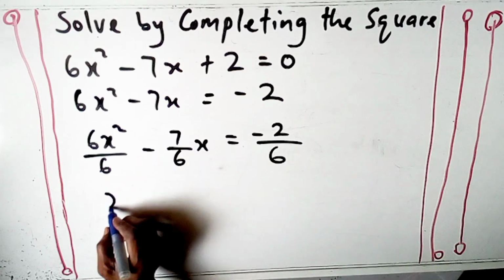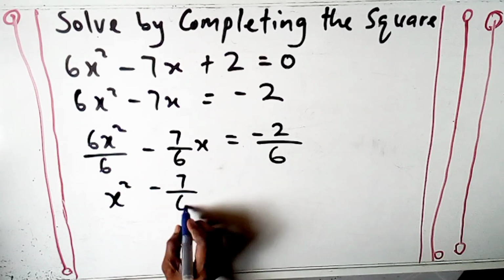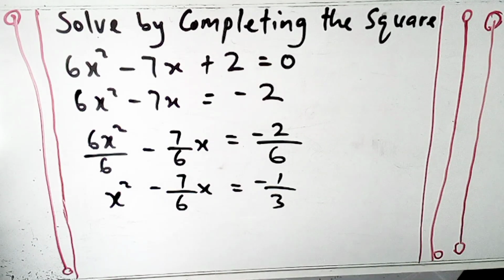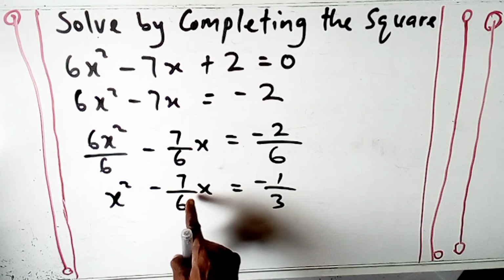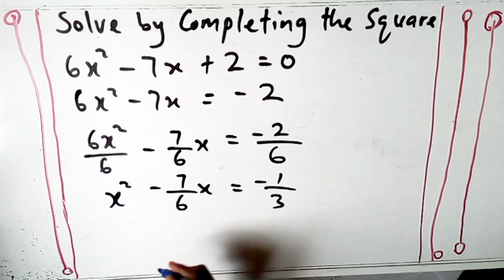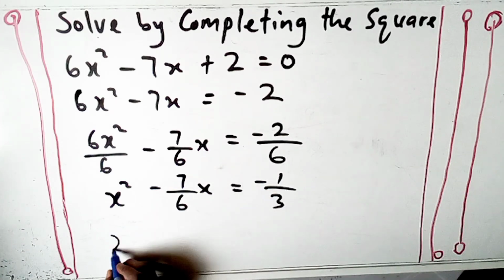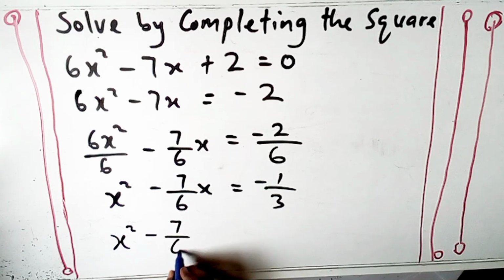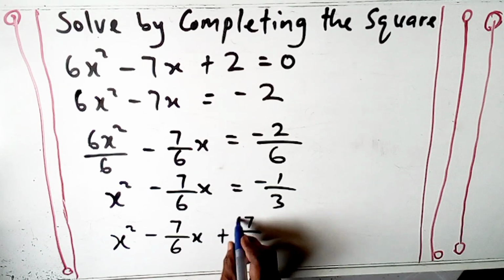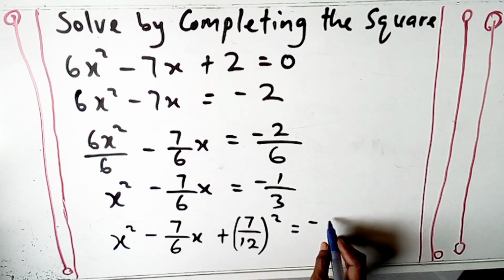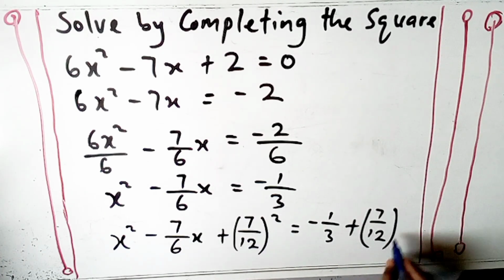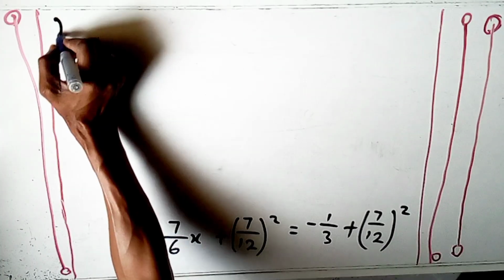So we have now x squared minus 7 over 6x equals to minus 1 over 3, because 2 can actually go in 6. So we now look for half of 7 over 6, square it and add it to both sides. Half of 7 over 6 will give us 7 over 12. That's what you can see me writing on the board there.